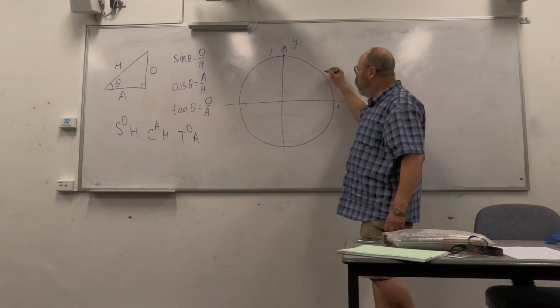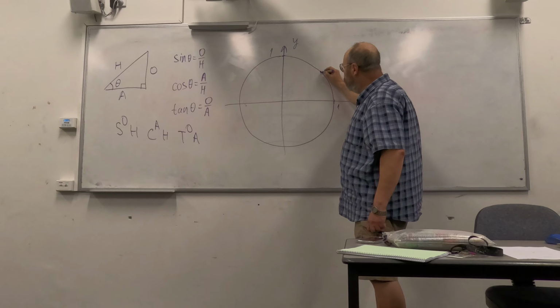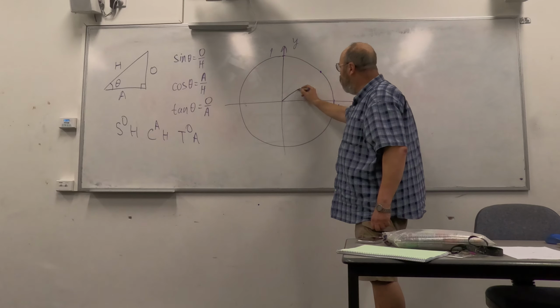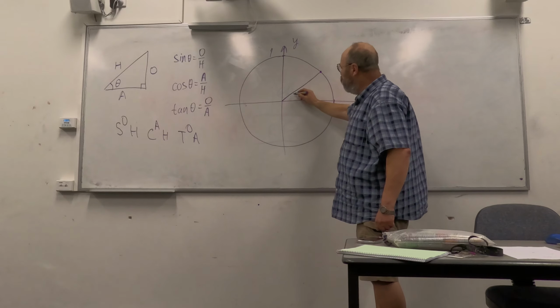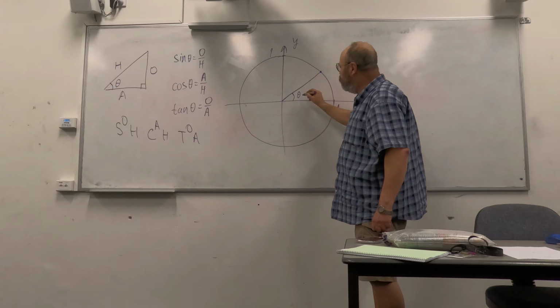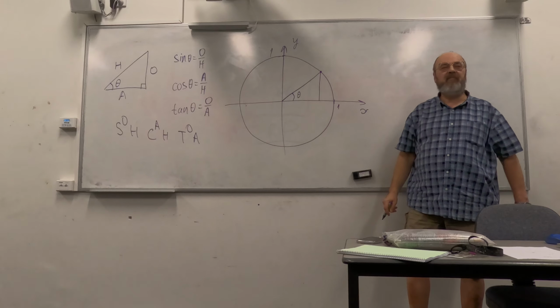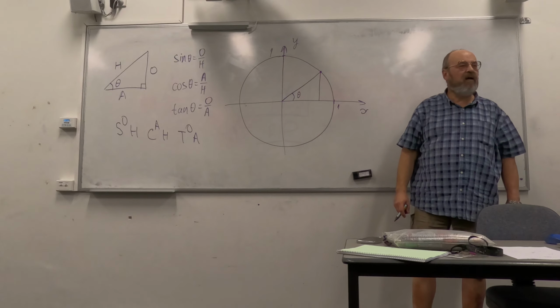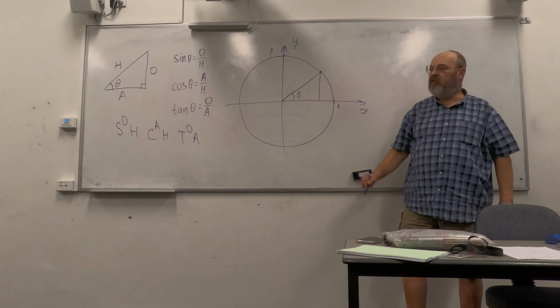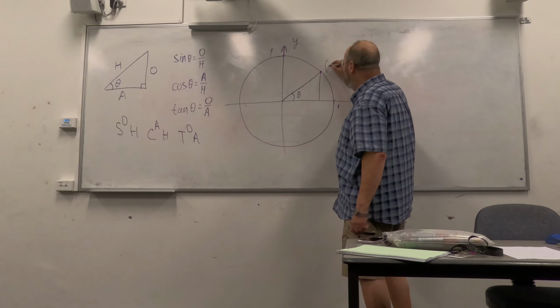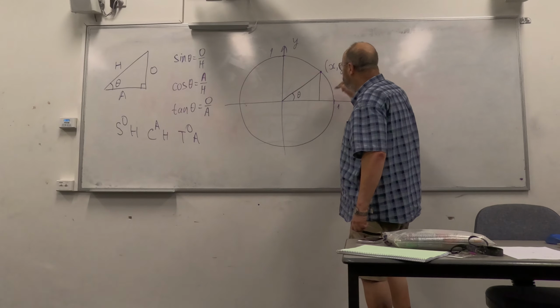We take some point on the circle, and we draw a radius to this. And this is angle theta. And we make such a right angle triangle. Now, this point has coordinates x, y.